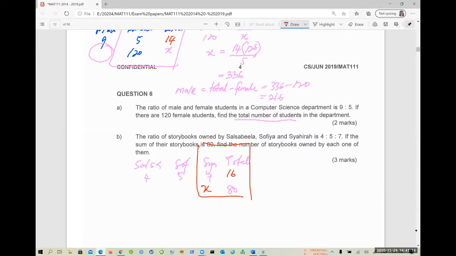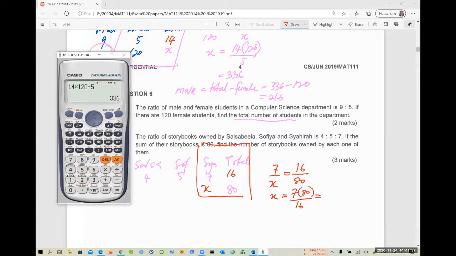So you have 7 over X equal to 16 over 80. Solving for this one, X is equal to 7 times 80 divided by 16.